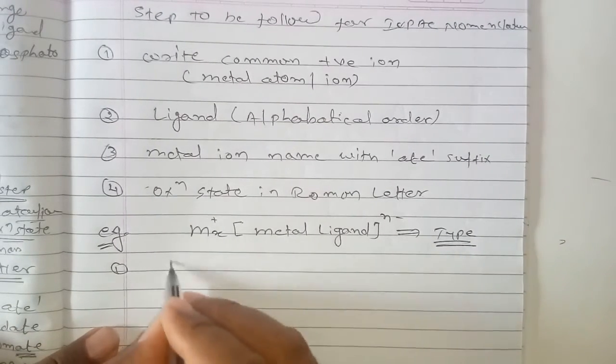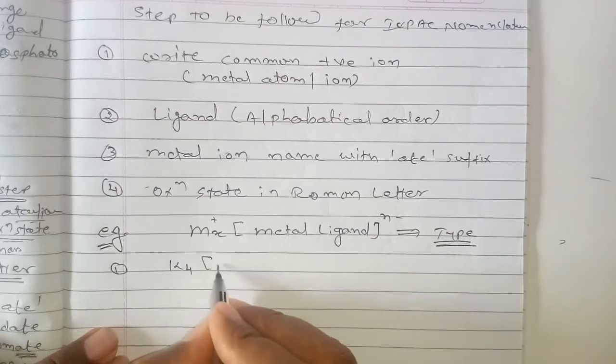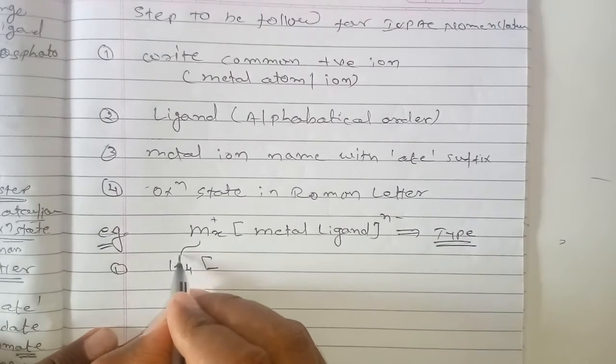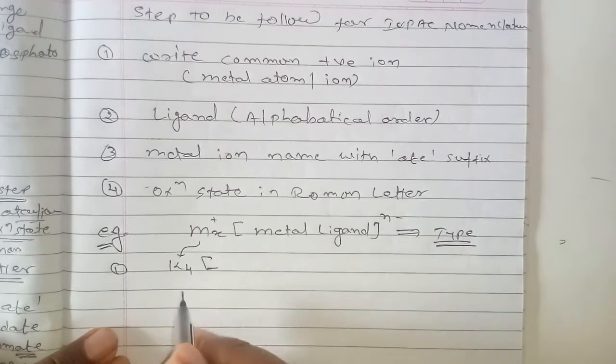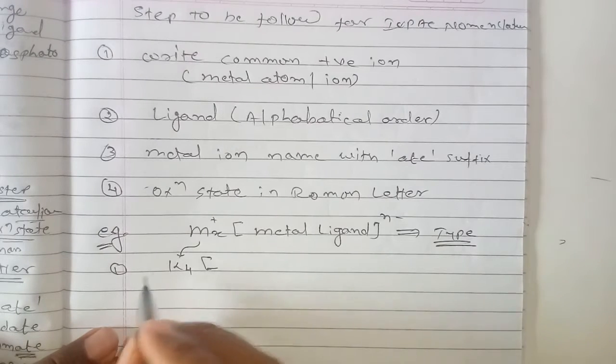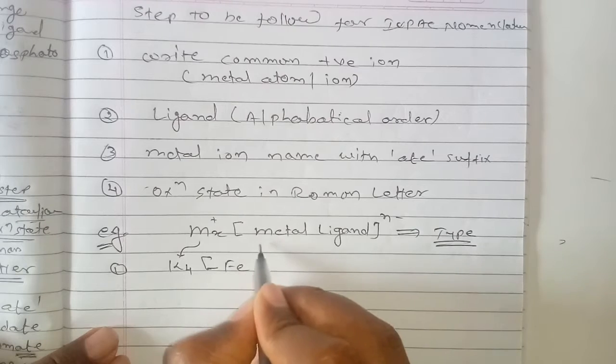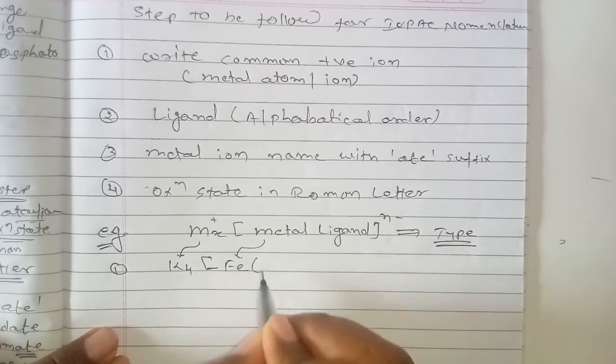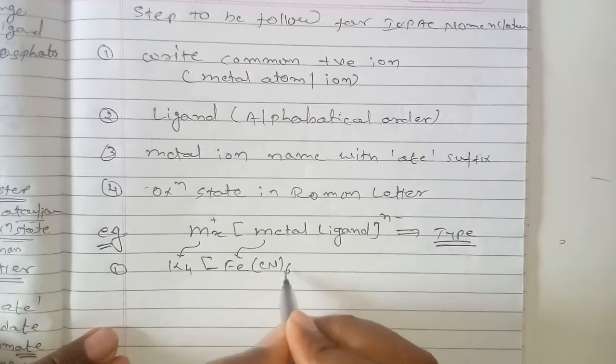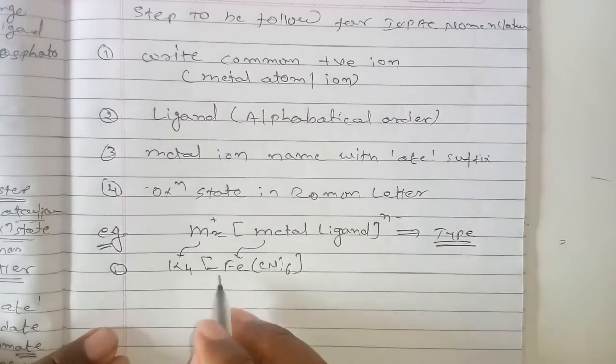Number 1 is K4[Fe(CN)6]. K is the potassium metal ion, then Fe, and the ligand is cyanide, CN minus, cyanido.